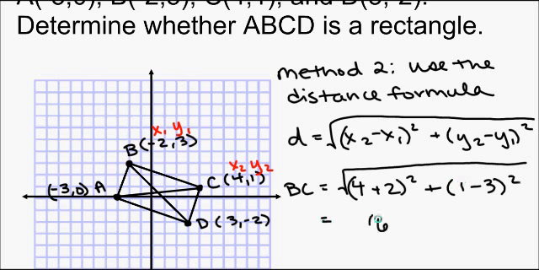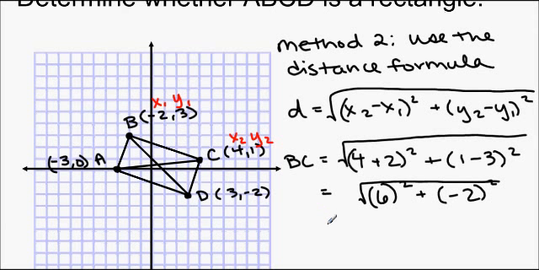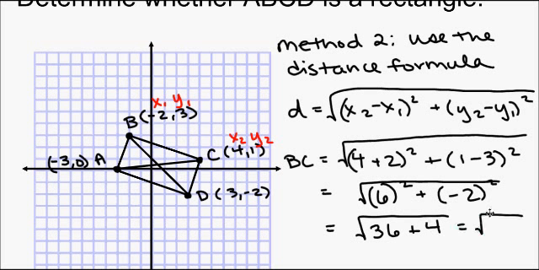So 4 plus 2 is 6. 1 minus 3 is -2. This gives me the square root of 36 plus 4. These numbers should both be positive. If you got a -4 here, then you forgot to put parentheses around this when you put it into your calculator. So I have square root of 40 for BC.